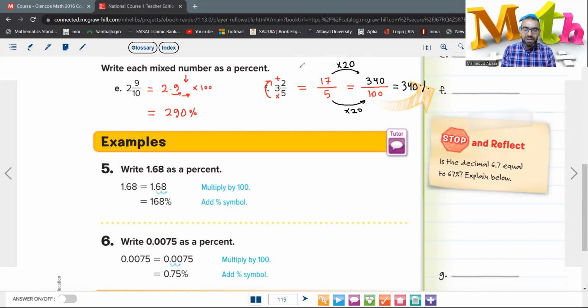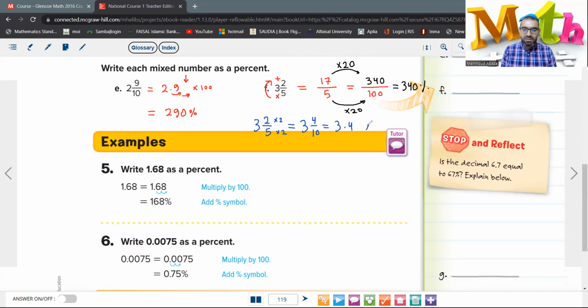If you wanted to follow the decimal style, first 3 and 2 over 5, you can multiply by 2 up, by 2 down. This will give 3 and 4 over 10. And we know that 4 over 10 is 0.4, so it's 3.4.